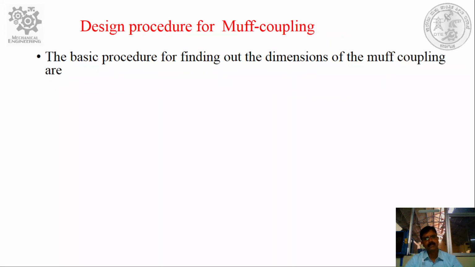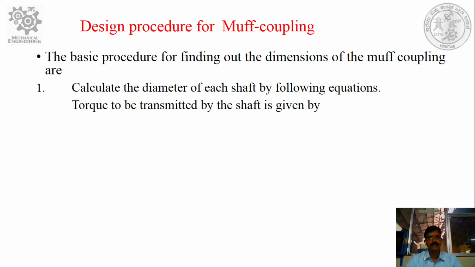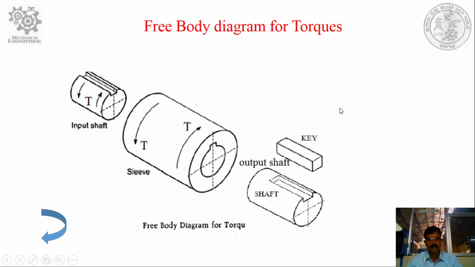The basic procedure for finding out the dimensions of muff coupling: calculate the diameter of each shaft by the following equations. The torque to be transmitted by the shaft is given by, here, this is the free body diagram of the torques while transmitting the torque in the case of the muff coupling.